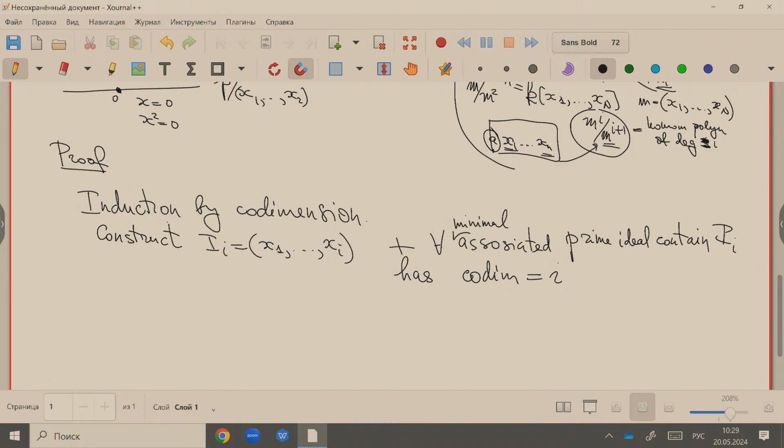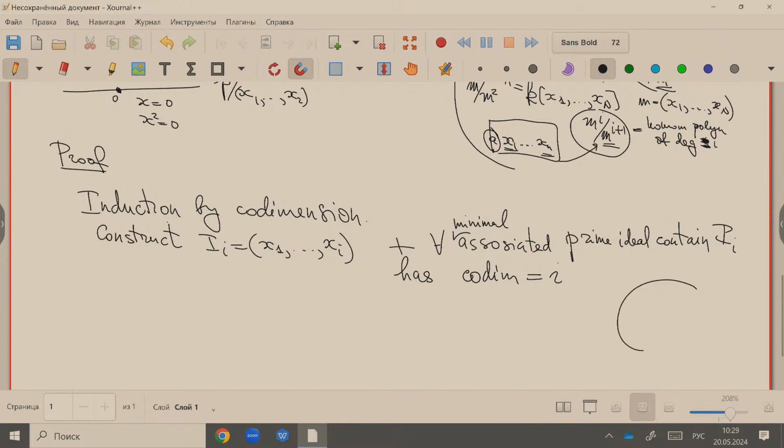Then, of course, what can happen in this theorem is that you are constructing this system of parameters, but P is not the only minimal prime ideal.